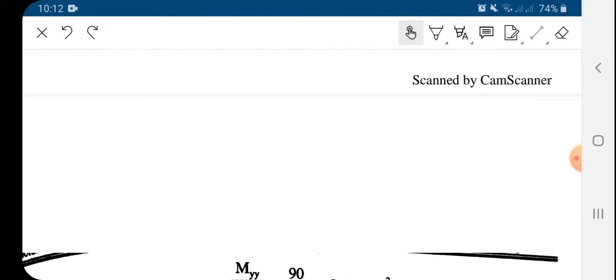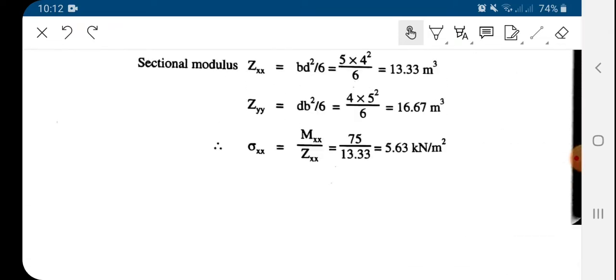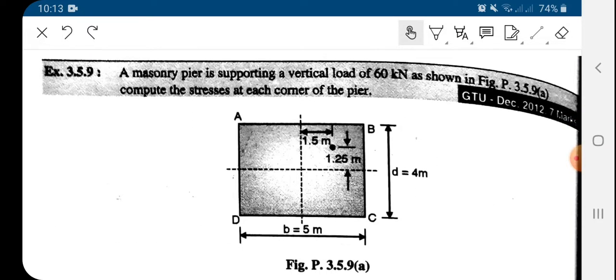So for point A, direct stress plus bending stress in x direction minus bending stress in y direction. For this A, the load is on that side, so we are considering the tension on that side. Here the tension is considered positive, then we have to consider the compression as negative.